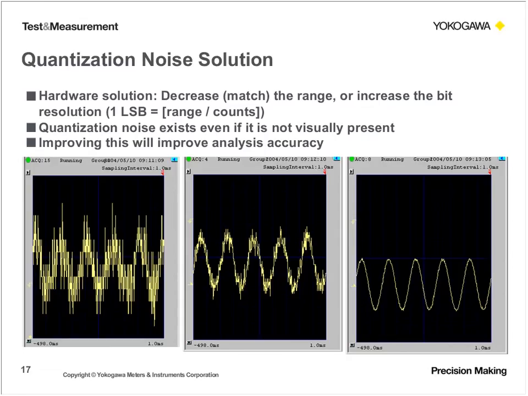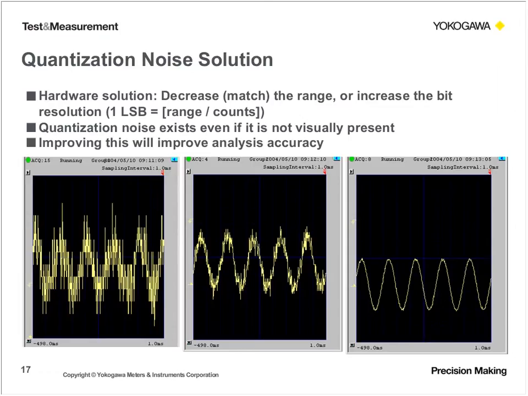So that's typically one way of doing it. And keep in mind that quantization noise typically exists even if it's not visually present. We all want the most bits for our instruments, but if that's not a cost-effective solution for you, keep in mind that you can just reduce the dynamic range, and this will help to improve your measurement accuracy.